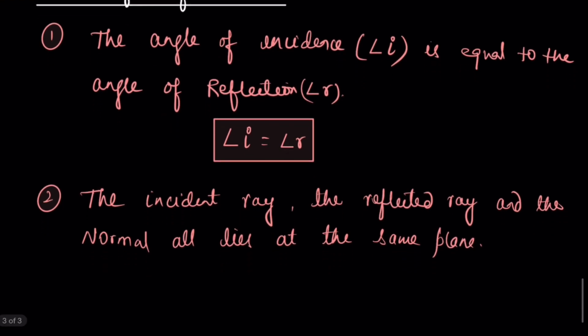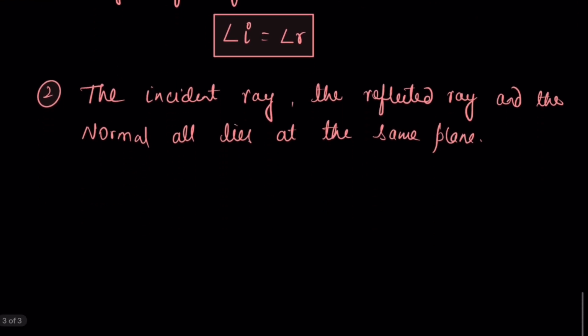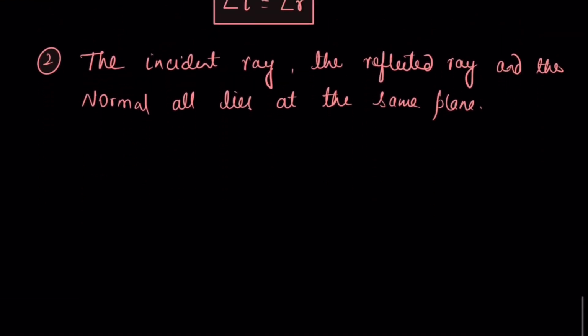So here let's get an idea about both the laws. The first one is the angle of incidence is equal to the angle of reflection. If we have any surface, this is the incident ray, this is the reflected ray, and here is our normal.